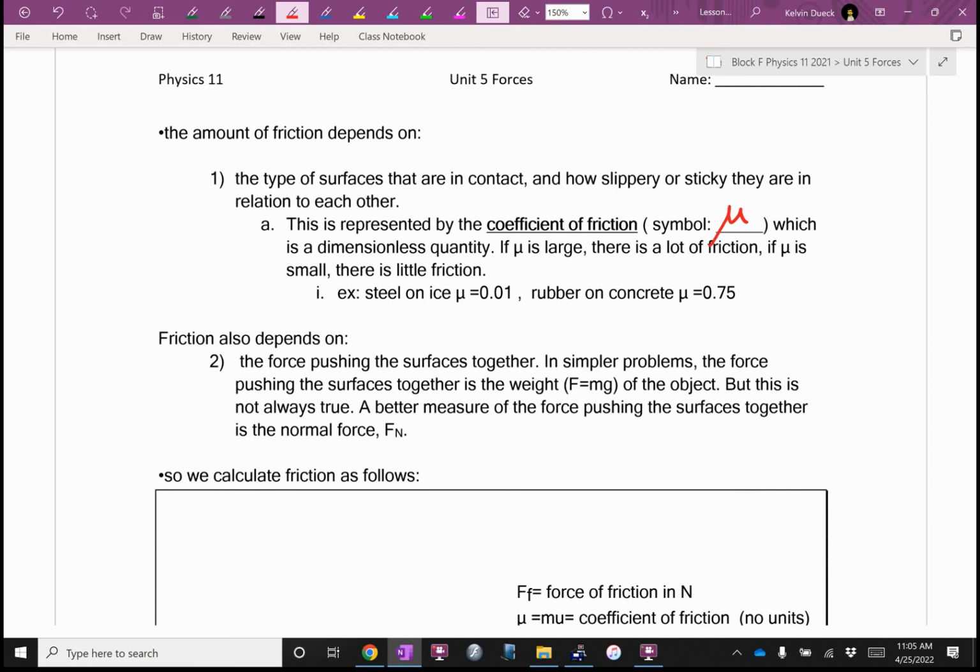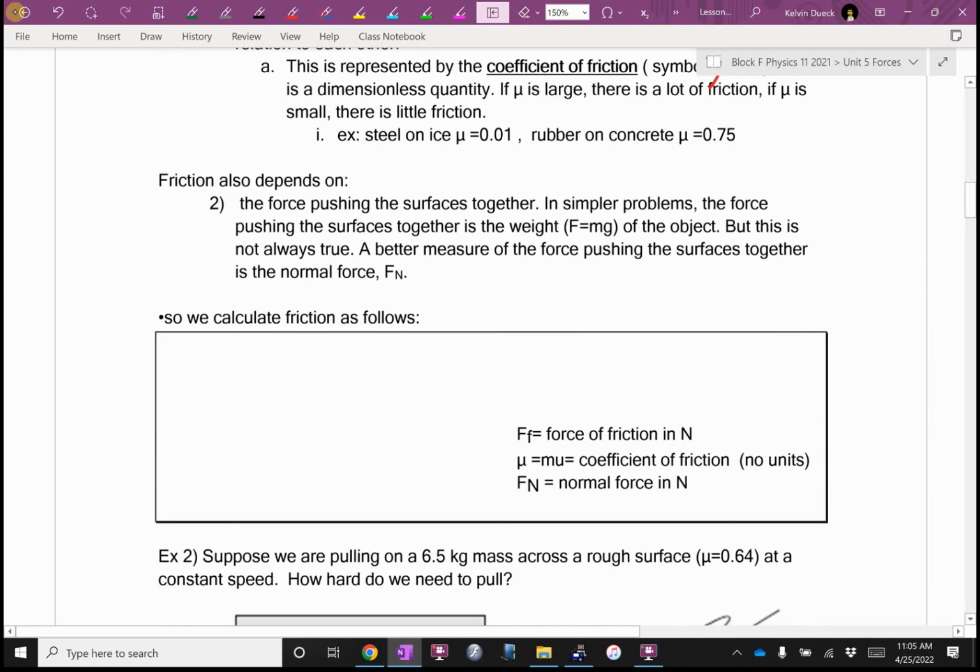Friction depends on two things. It depends on how slippery, mu, and it depends on the normal force. This is the equation for friction. Friction is mu times the normal force.